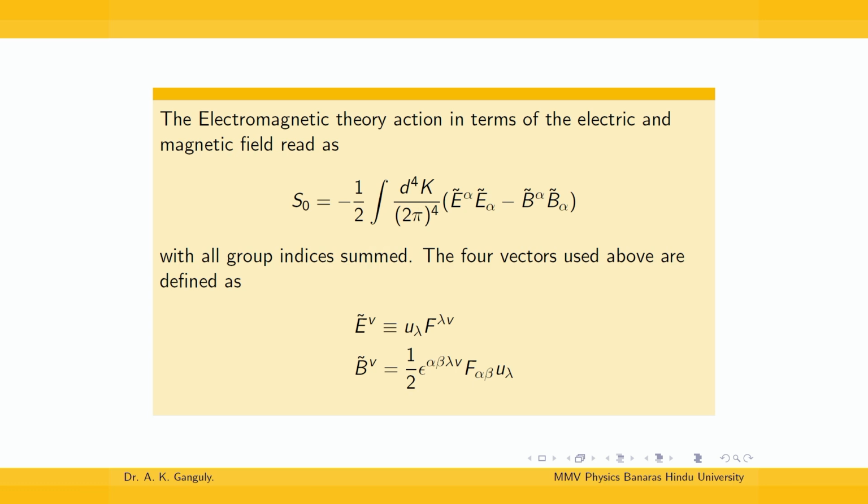So, what does it yield, or what advantage does it give us? They are the following: E tilde, its 0th component actually vanishes.